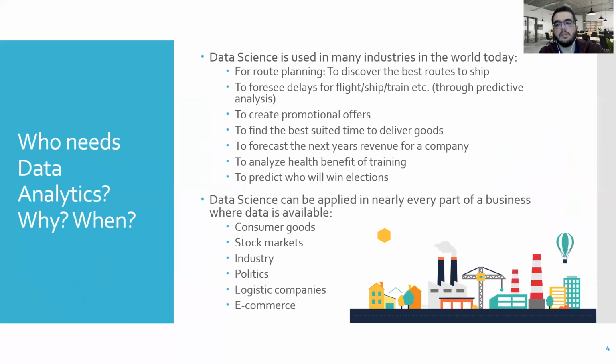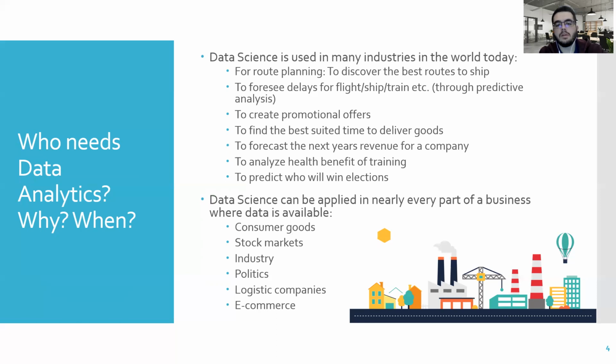Who needs data analytics, why, and when? Actually, data science is used in many industries in the world nowadays, for example, for road planning, to predict delays of flights or ships, and so on, to create promotional offers, to find the best time for goods delivery, to predict the revenue of a company, to analyze health benefits from sports training, or to predict who are going to win elections.